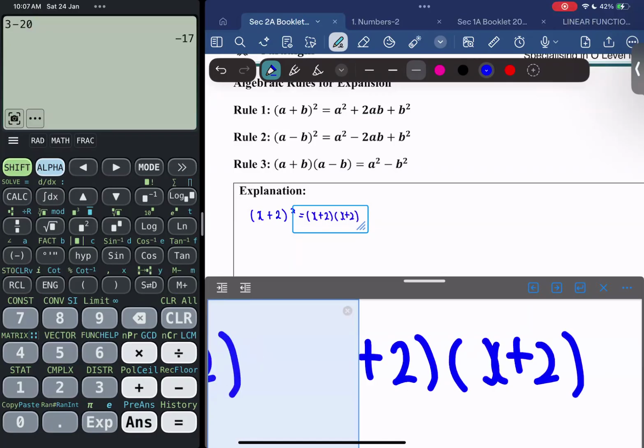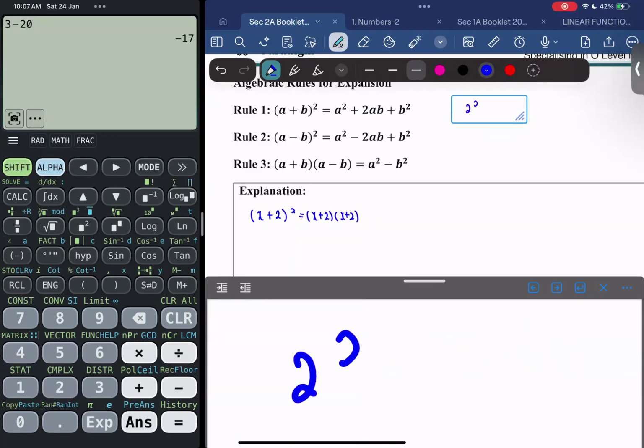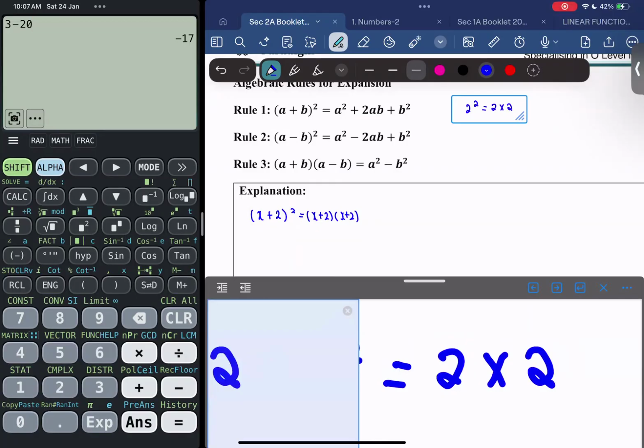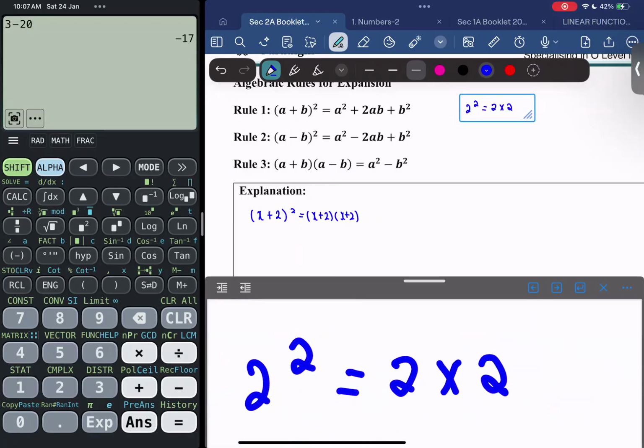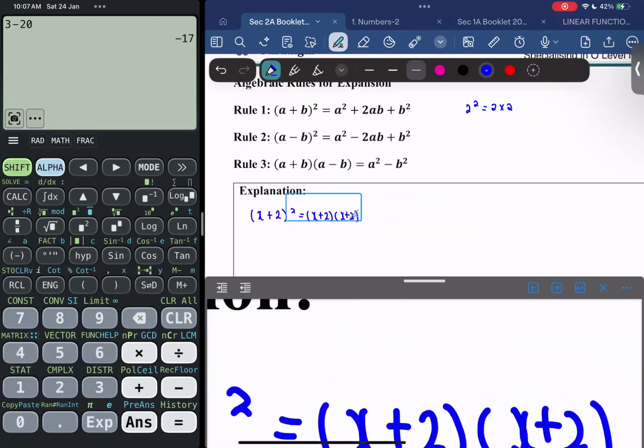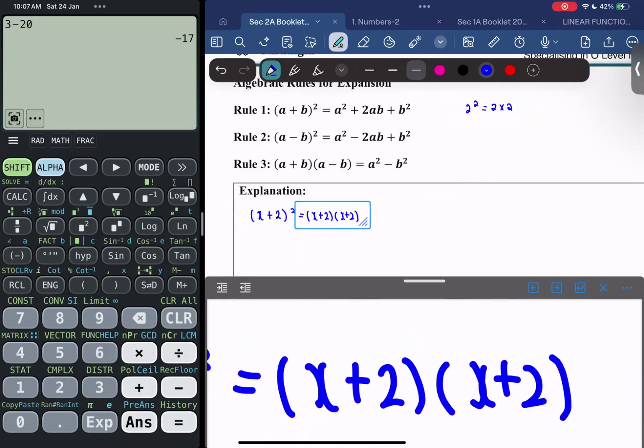Agree? This is throwback to primary school, when you have 2 square, this is 2 times 2, right? Anything square, you repeat the number twice and multiply it once. Same thing, you just repeat and times twice.